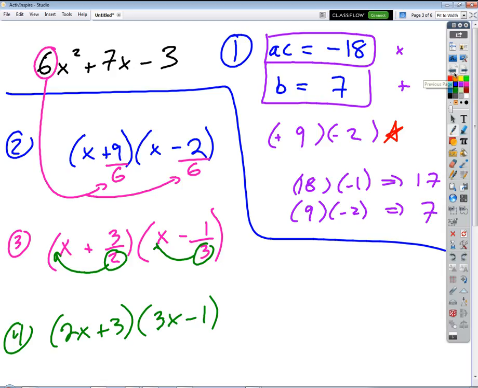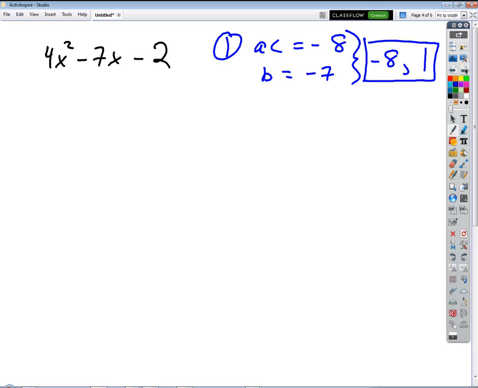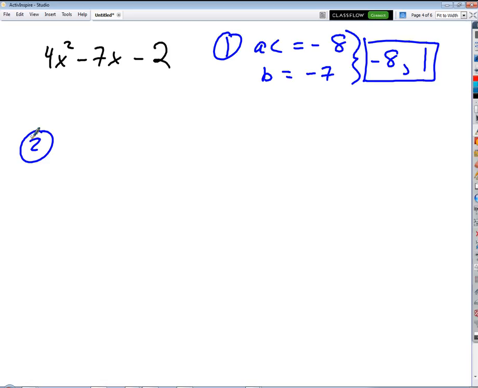Okay, that was step 2. You should be done. What's step 2? Just x minus 8, x plus 1. That's an easy one.